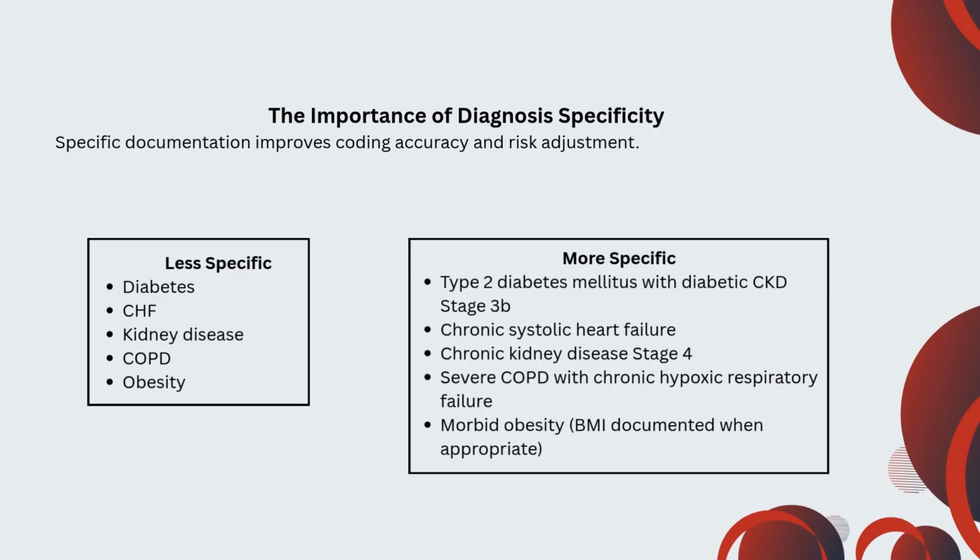More specific: type 2 diabetes mellitus with diabetic CKD stage 3B, chronic systolic heart failure, chronic kidney disease stage 4, severe COPD with chronic hypoxic respiratory failure, morbid obesity with BMI documented when appropriate.